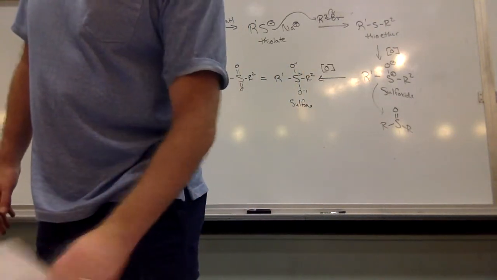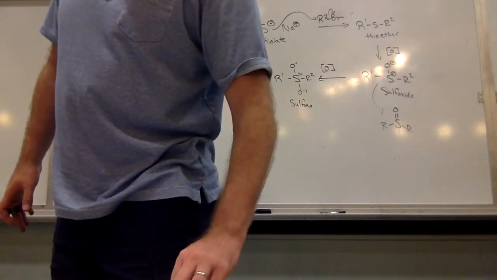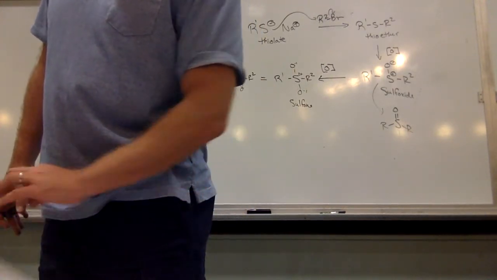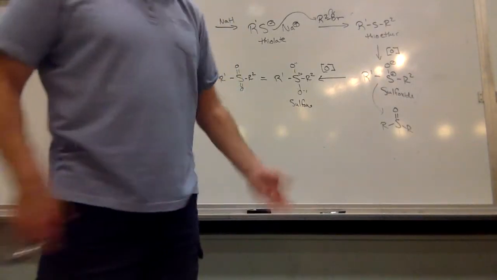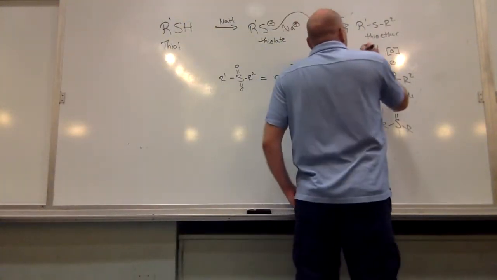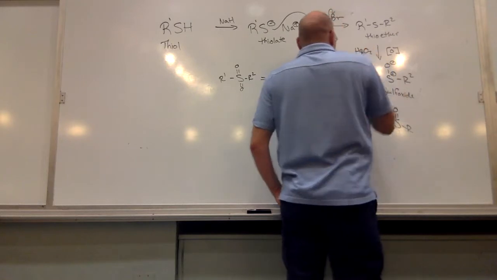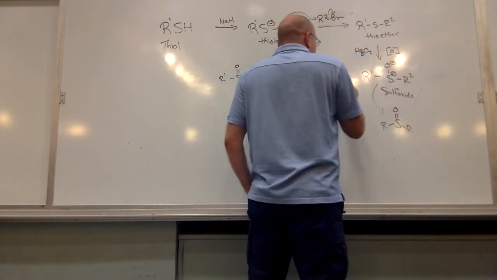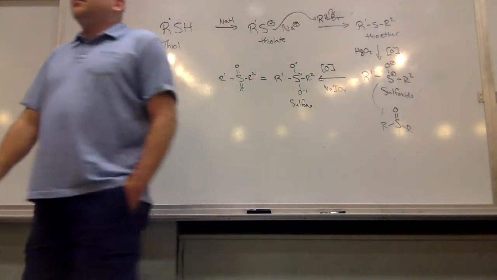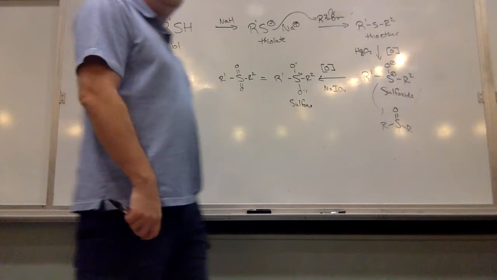It's like hydrogen peroxide, I think, that usually goes here, and stronger oxidants like NaIO4, like periodic acid and sodium periodate, will actually oxidize all the way to this sulfone.